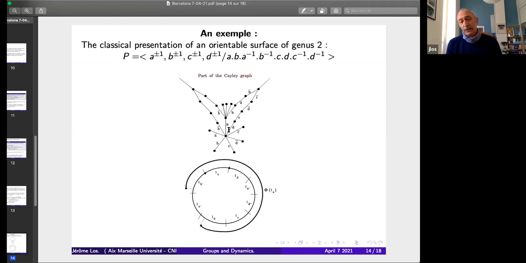Okay, so what you see from that picture is that if you start at the identity by the letter A, what you have after A is all these possibilities, all the other letters except A inverse. And this line here that you can imagine going to infinity is one possible choice of the cutting point.